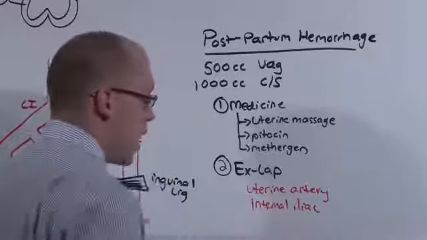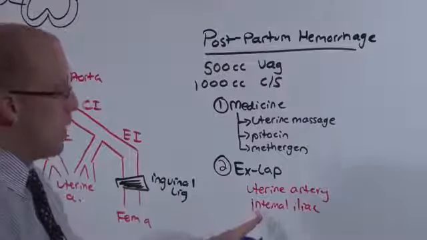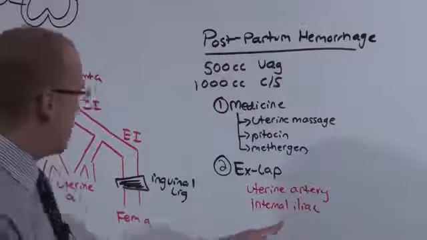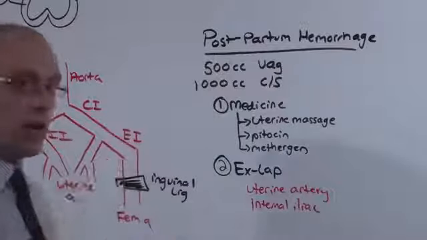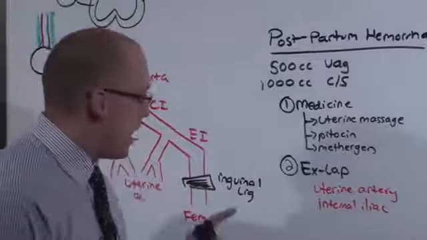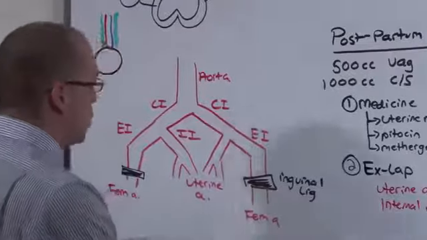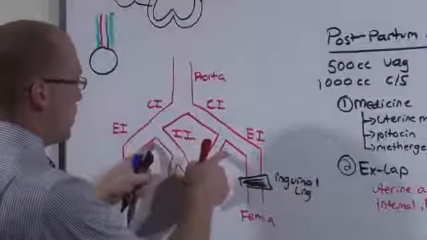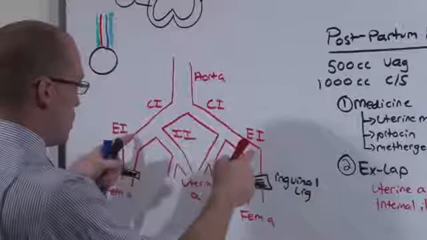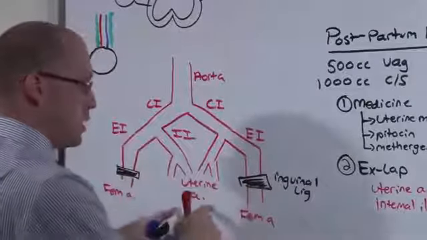Now, if you can't stop GYN bleeding with ligation of internal iliacs, you cannot go one step farther. If you ligated the common iliacs, you'd actually just cut off the blood supply to the bottom half of the body. So the farthest you can go up is internal iliacs, because then you begin to compromise blood supply of the rest of the body, not just the pelvis.